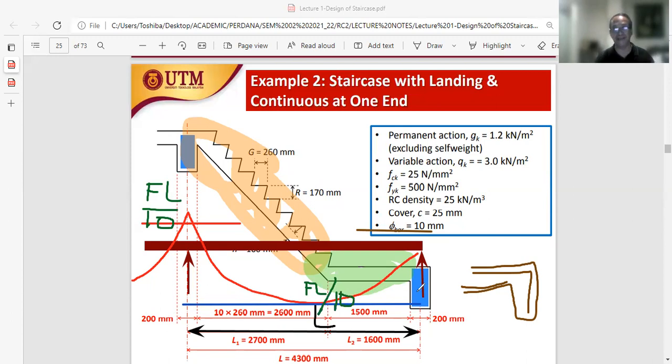Okay, FL over 10. The F is the total force, the total force on the beam.